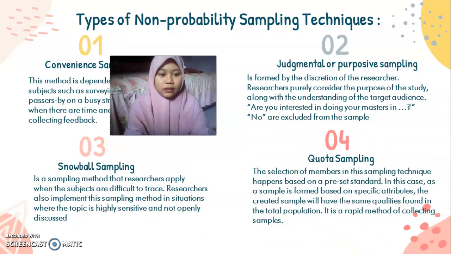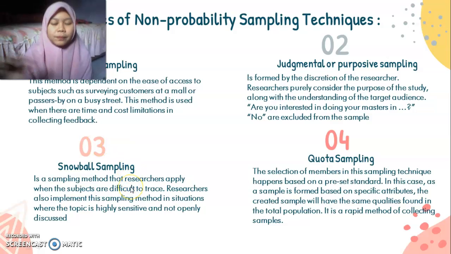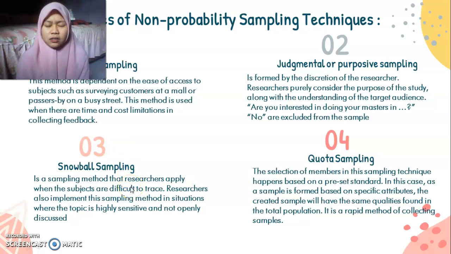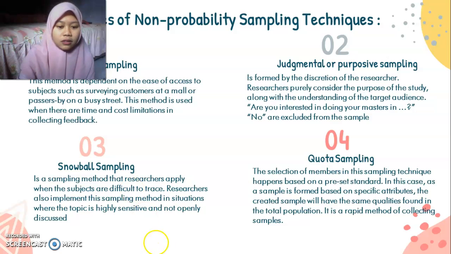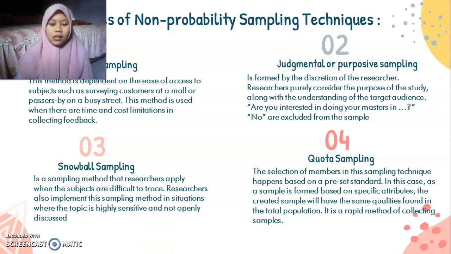It means, for example, in snowball sampling, the topic or sample is highly sensitive and not openly discussed, like the victims of any kind of crime, and we can hide the profile of our victims or our sample.